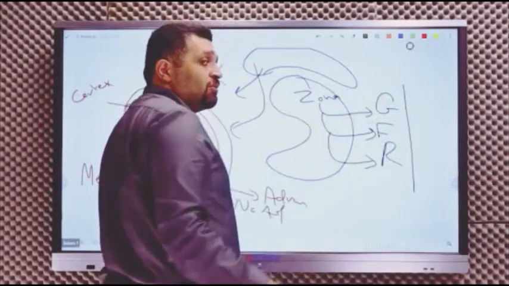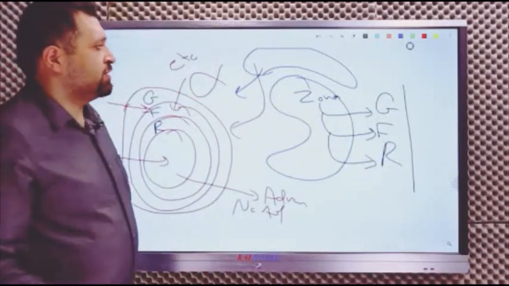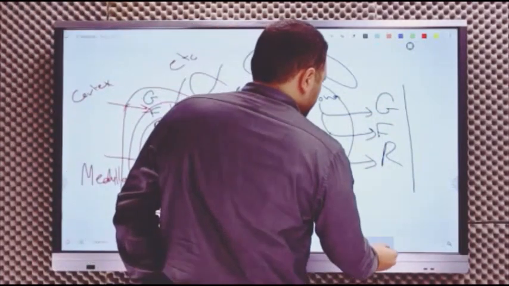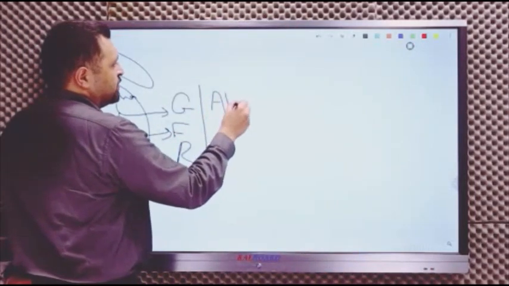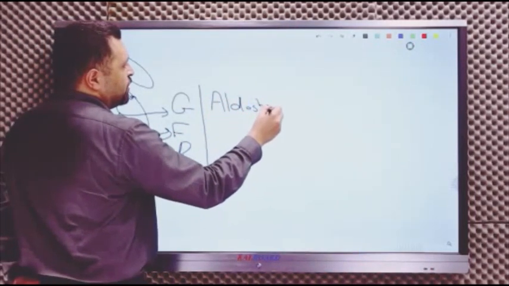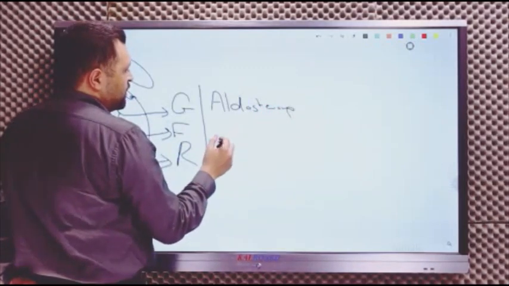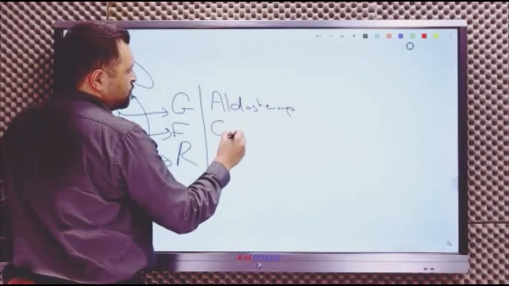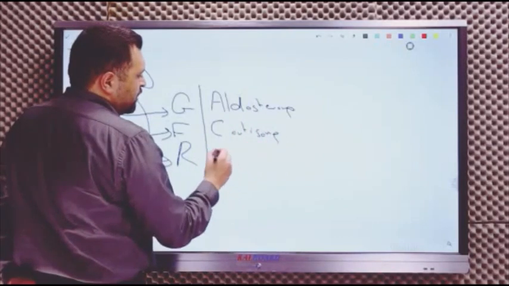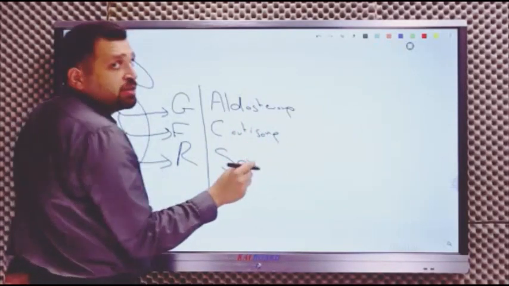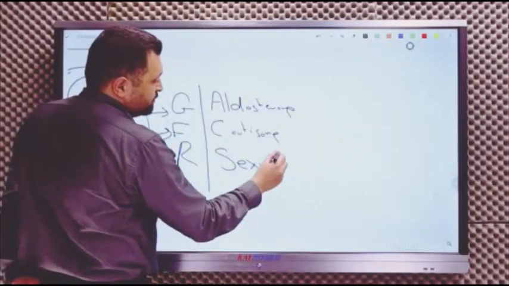So glomerulosa, fasciculata, and reticularis. Zona glomerulosa secretes something called aldosterone. Fasciculata secretes corticosteroids like cortisone. And reticularis secretes the sexual hormones.